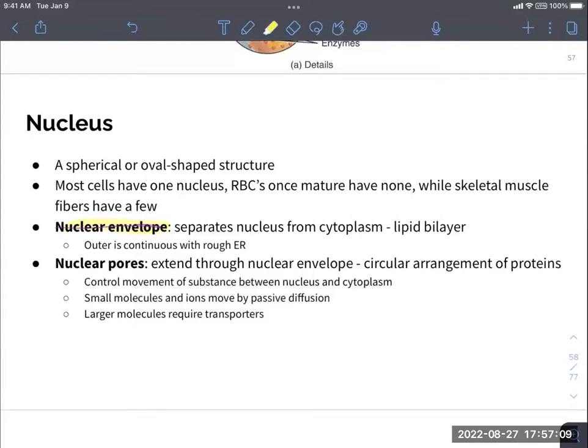Again, the nuclear envelope consists of a lipid bilayer, and it's actually continuous with that rough endoplasmic reticulum. We also have nuclear pores on that nuclear envelope that allow substances to travel back and forth, water, some ions, proteins.